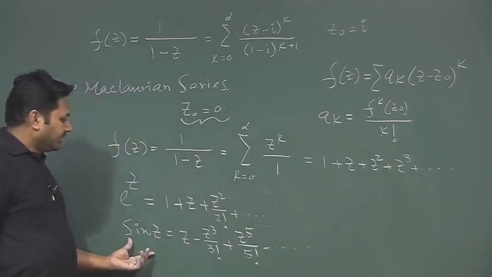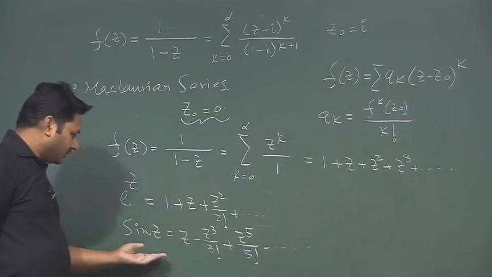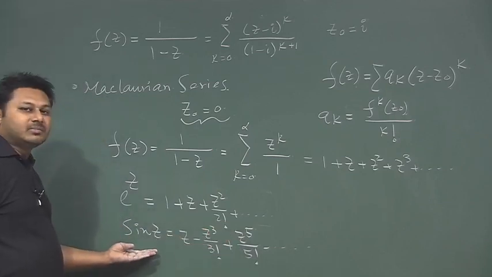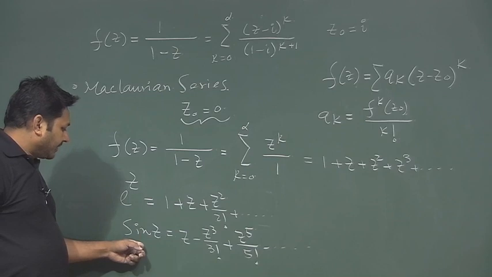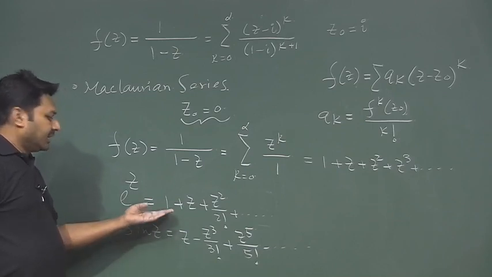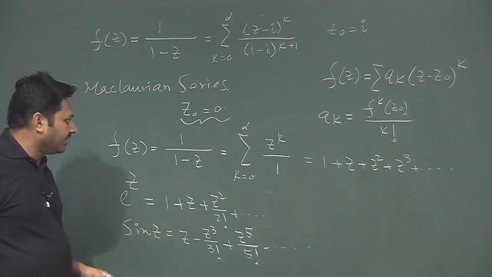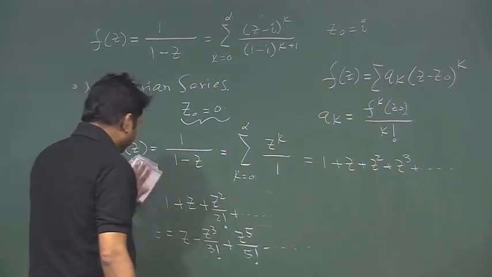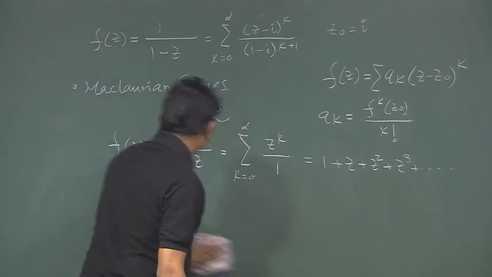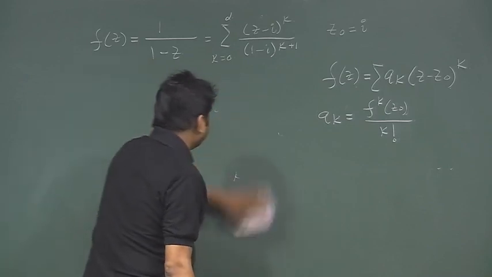Again, the sine z expansion is exactly the expansion you all know, the Taylor series expansion of the sine function at z equal to 0. Both of these are nothing but the Maclaurin series, which is the standard expression we know. You should appreciate this fact.